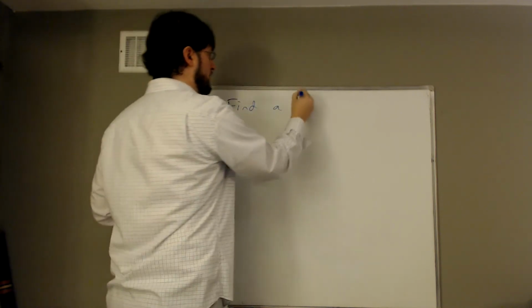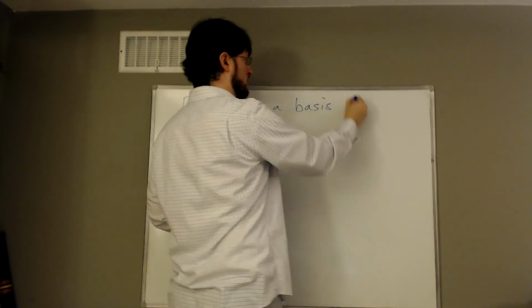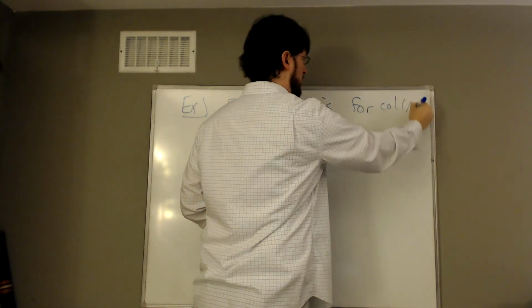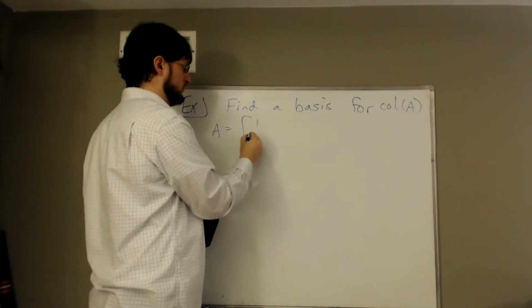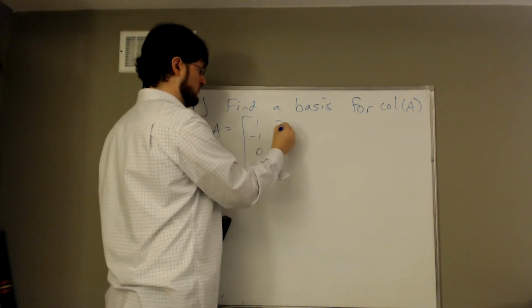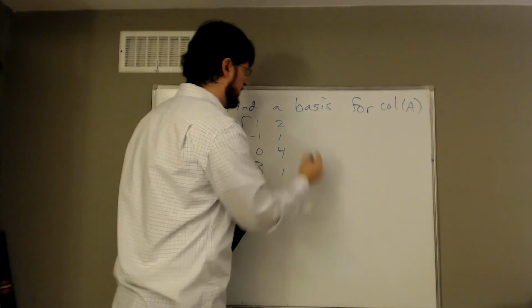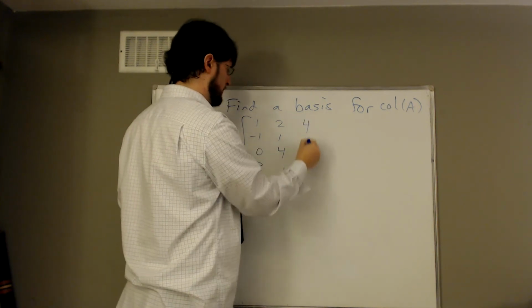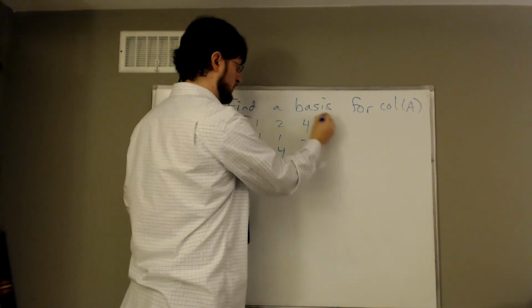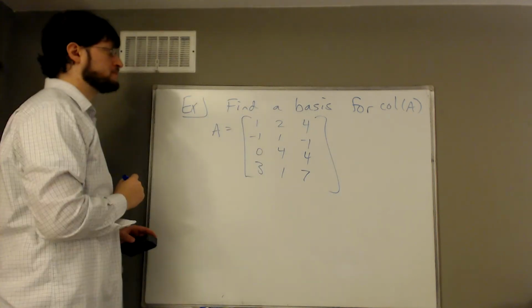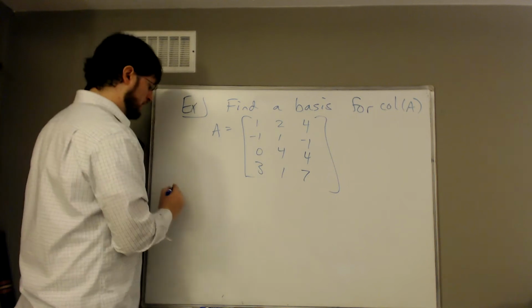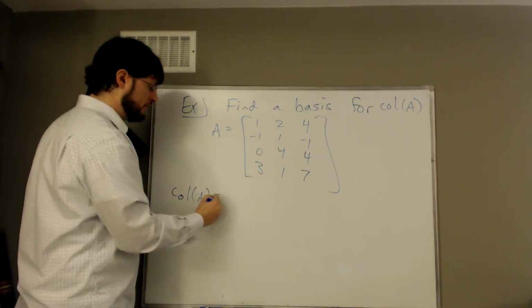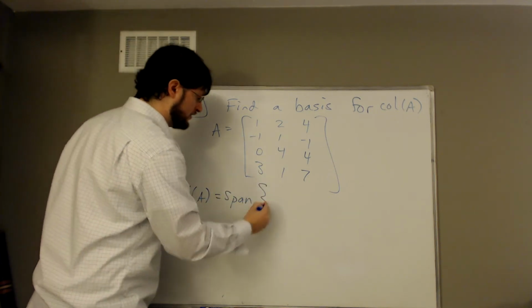So let's find a basis for Col A, the column space of A, where A is this matrix. Well, remember that Col A is the span of the vectors.